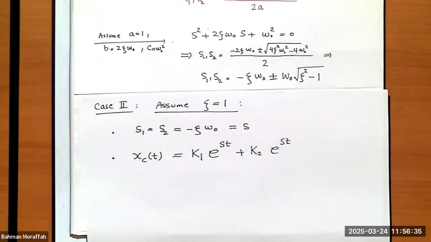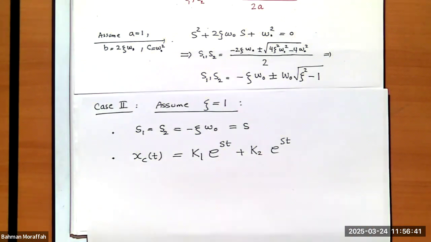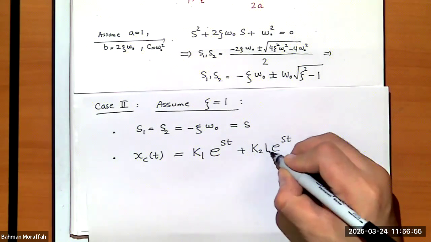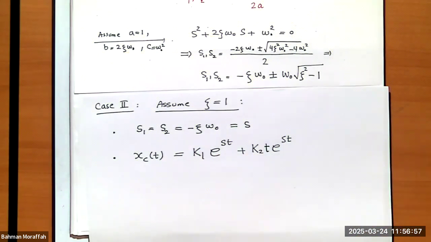But wait a minute. What just happened? I have two solutions that are exactly the same. So these two solutions are not independent of each other, and I have to make them independent. What I need to do is multiply the second one by a t.